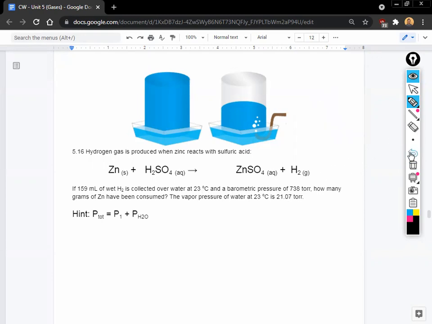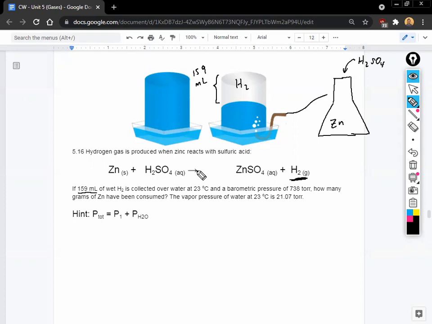Now, there's a lot of things going on there, so let's just break it down real quick. The 159 milliliters is basically telling us, if we mix sulfuric acid and zinc, the only gas we're going to make is H2 gas, right? So if it tells us that 159 milliliters of H2 was collected over water, it just means that the volume of the gas produced was 159 milliliters, okay?